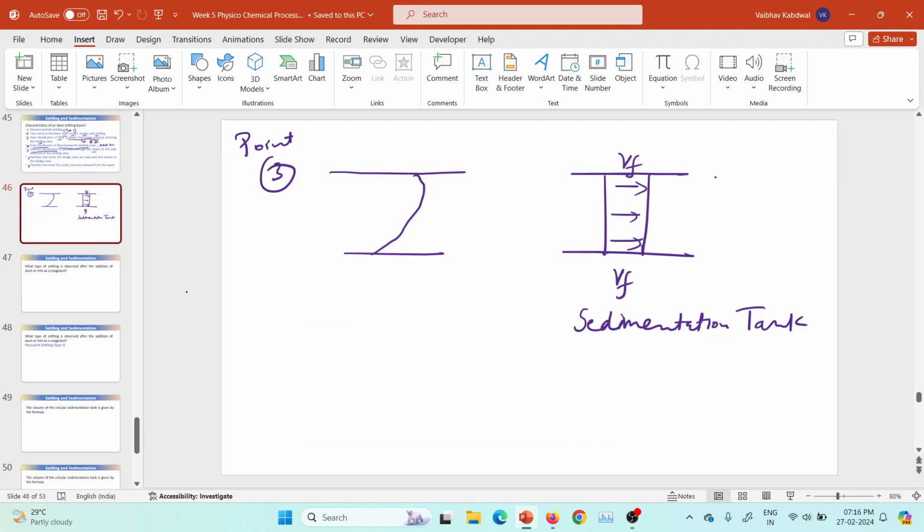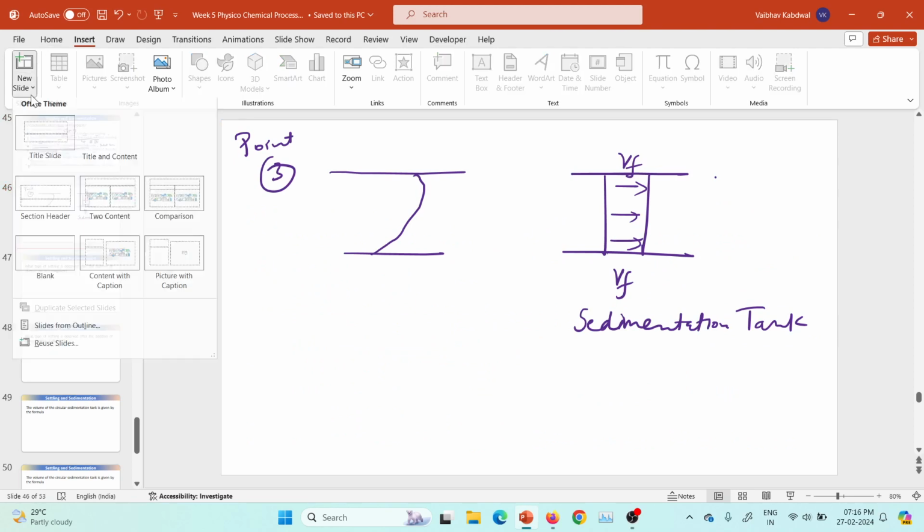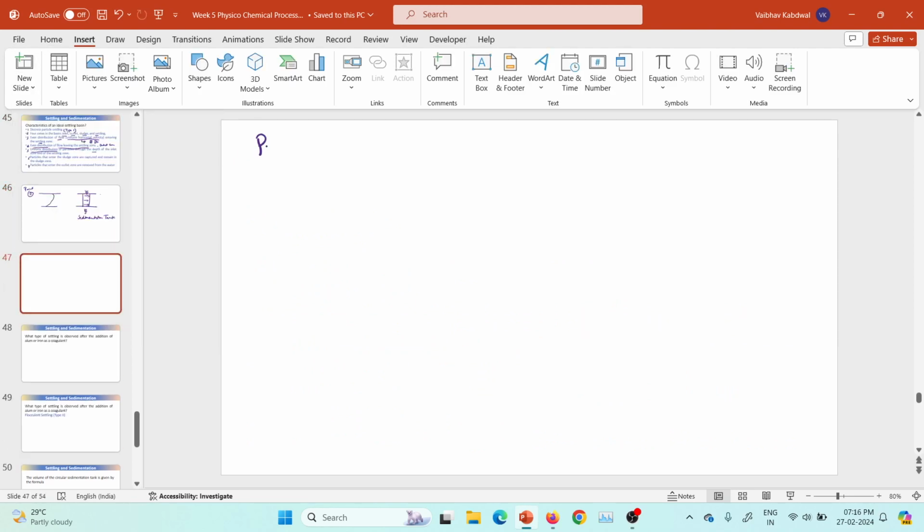So in point 5, what we are assuming is, suppose this is the sedimentation tank, this is the settling zone.